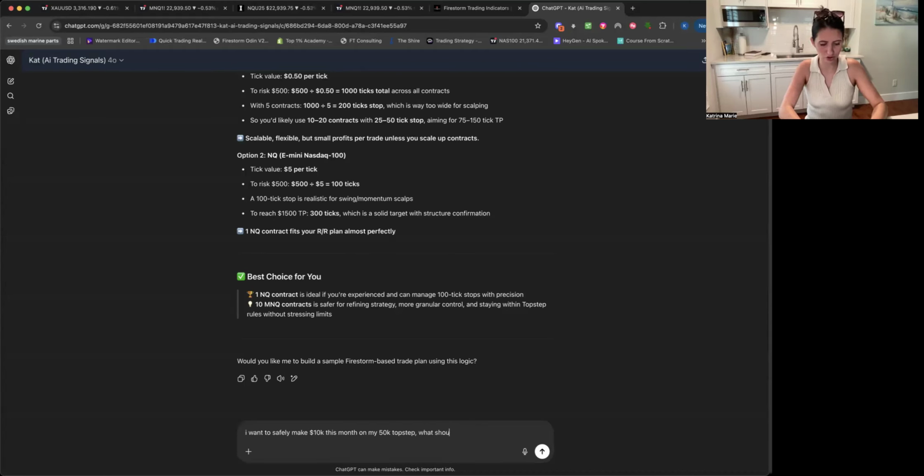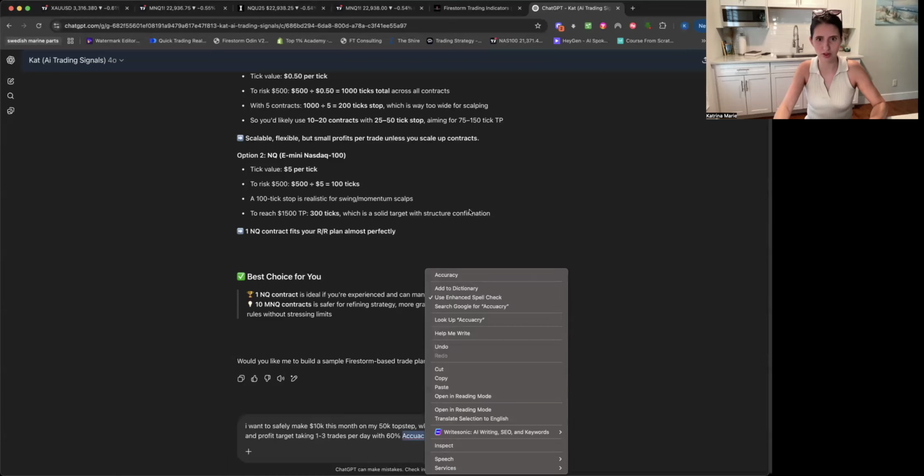What should my max loss on the day be and profit target, taking 1 to 3 trades per day with, let's say, beginner, 60% accuracy. Wow, I spelled that wrong.